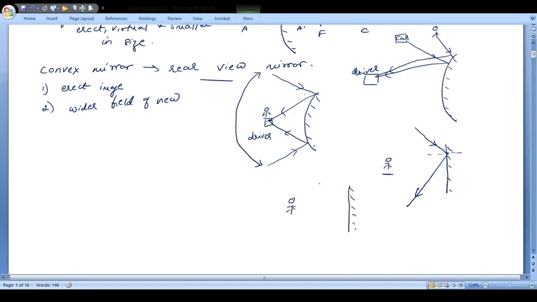the observer basically will see the rays which will be entering his eyes. From here it should enter this small angle. These angles cannot be very wide. An object which is kept here should get reflected to the observer. So here you will find that this region is less, and here this is more.